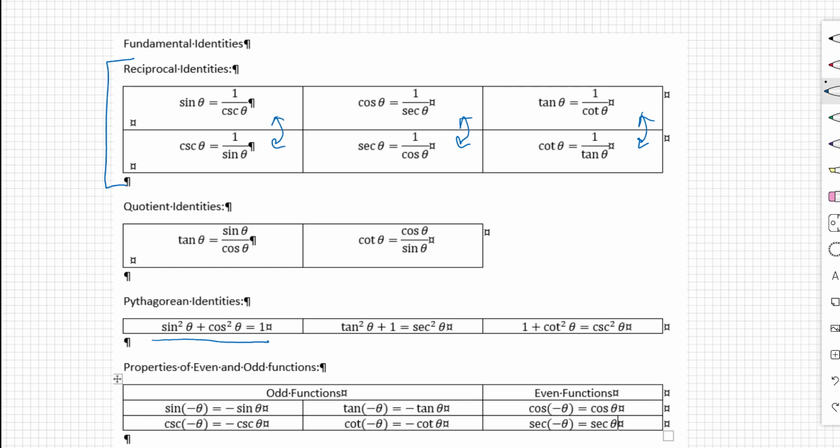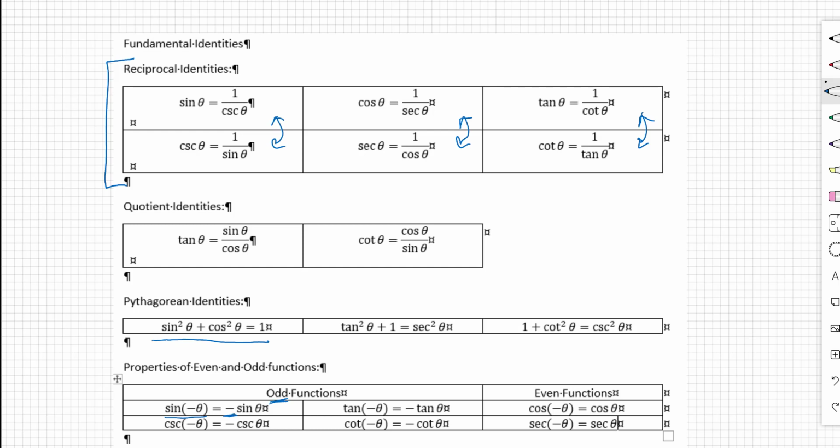One other thing we're going to use in this section are some of the properties of even and odd functions. We've talked about these in the past as well. Because sine, cosecant, tangent, and cotangent are all odd functions, if we negate the input, for example, if we take a theta and negate the theta, the impact on the output is that it's just going to negate the output.